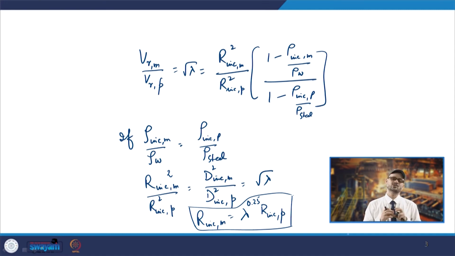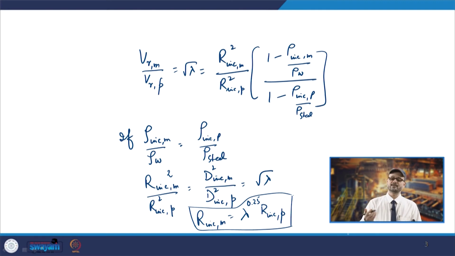So, that tells you the relationship between the steel inclusion and the inclusion particle which you are eyeing to have the simulation, or the modeling, using the water modeling approach. Now, it may be so that sometimes these density ratios may not be the same.